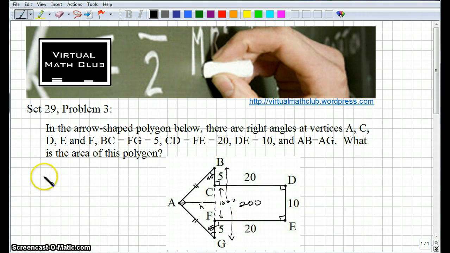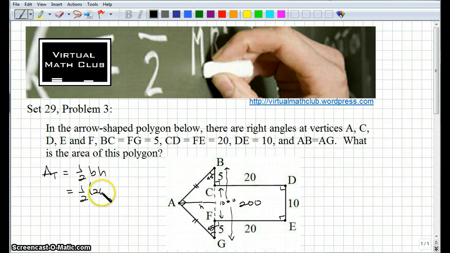So we know that the area of the triangle is 1/2 base times height, and so that's 1/2, and the base then is this 5 plus 10 plus 5, which is 20.